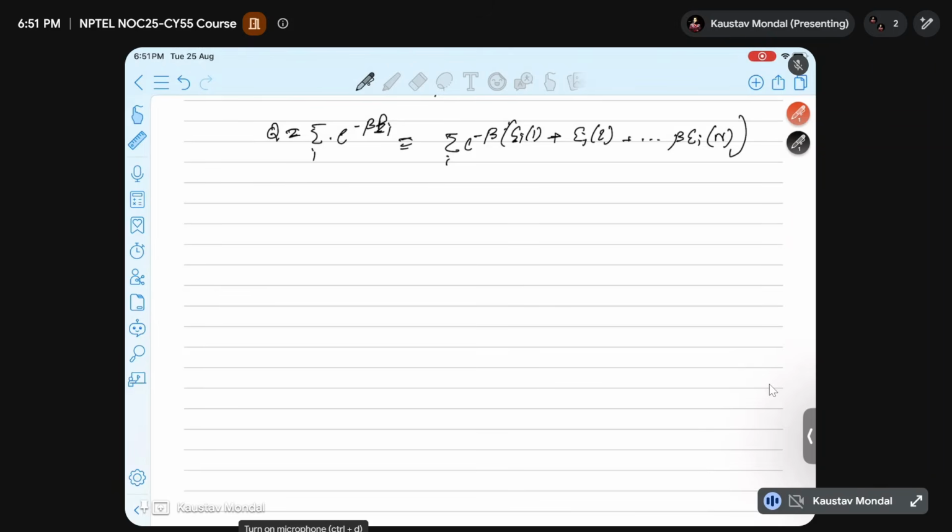Now you can write this thing like this: Q equal to the summation over e to the power minus beta E_i1, times the summation over e to the power minus beta E_i2, and so on.